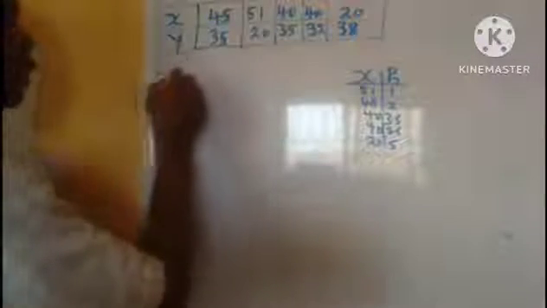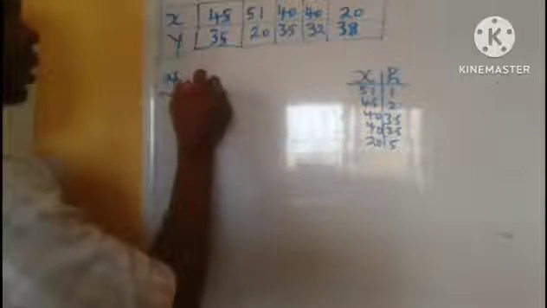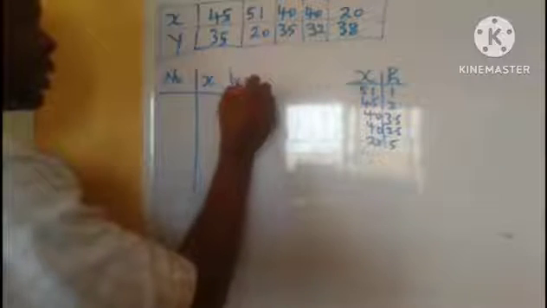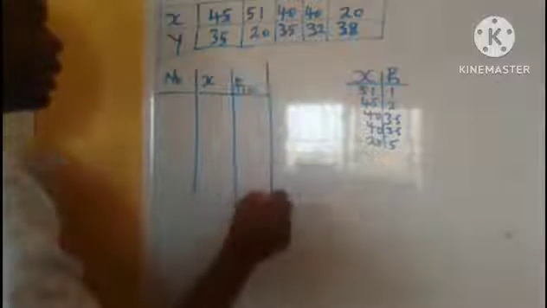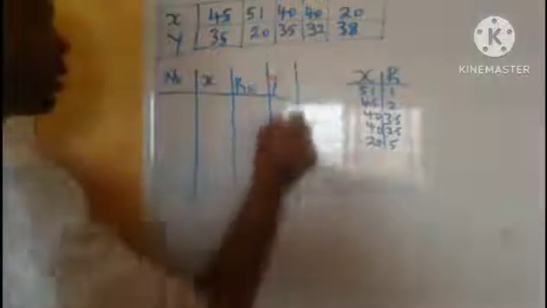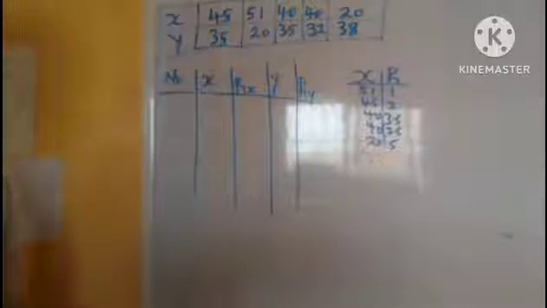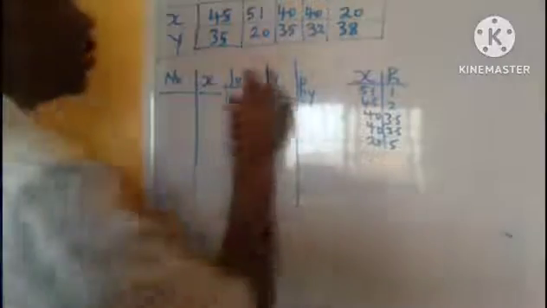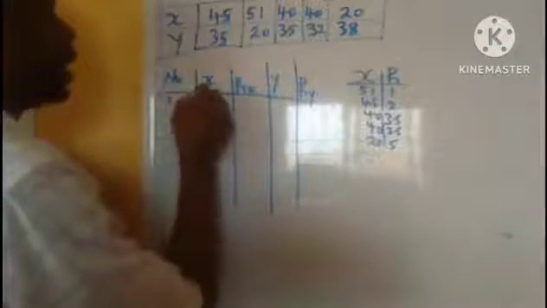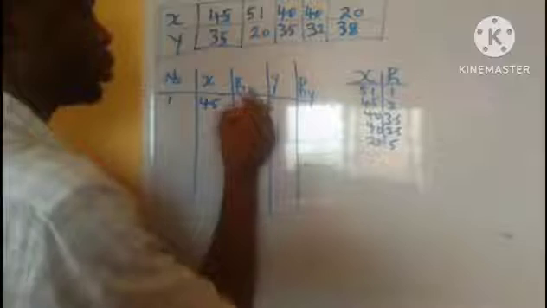So I will make my table now. This is the number, then this is my x, this is my rank of x, then this is my y here, then I will have my rank of y. Having done this, since I've gotten the rank for x, I will write the real x here. Number 1, the real x is 45, and the rank for 45 is 2.